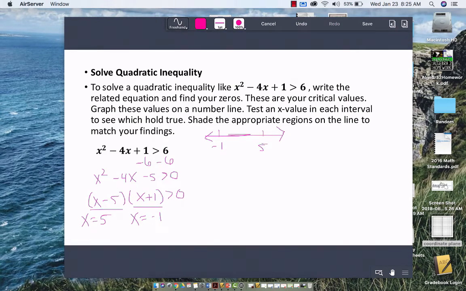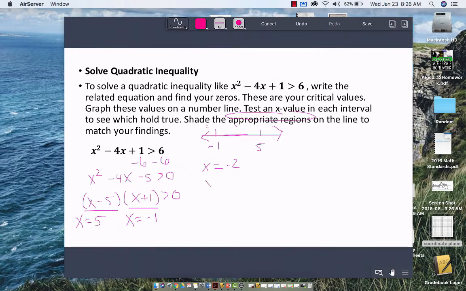And what it means to test the appropriate regions is that we need to see if the set of solutions is this right here, this right here, or this over here. So you're going to take a number that is to the left of our region, perhaps negative 2. Then one that's within our region, so I'm going to use 0. And then one that's bigger than our region, so I would try x equals 6.